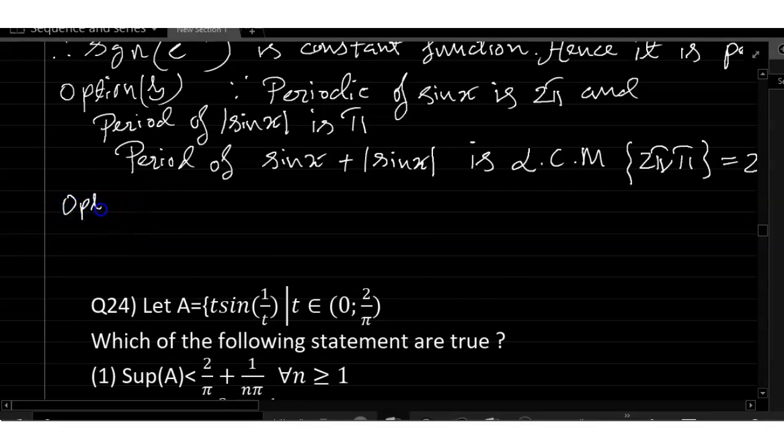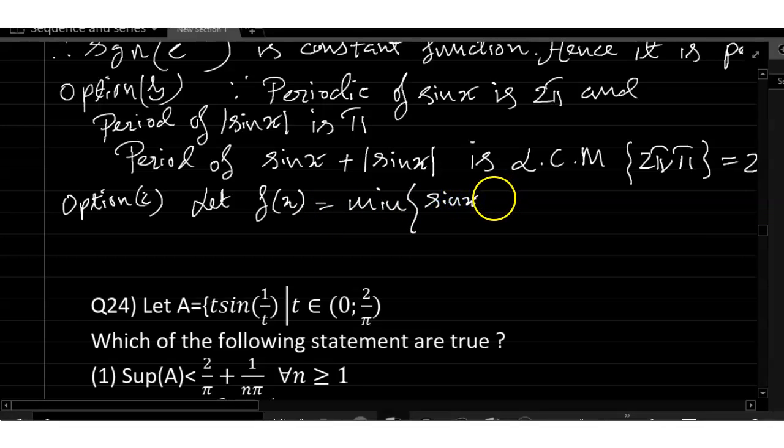Now for option C, let f(x) is equal to min of sin x comma mod x, so equals sin x.